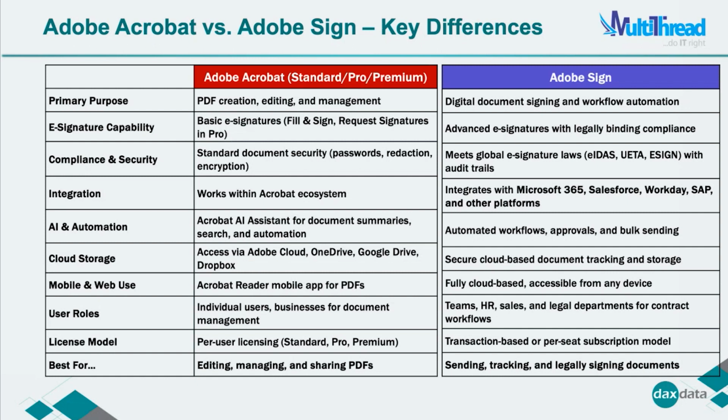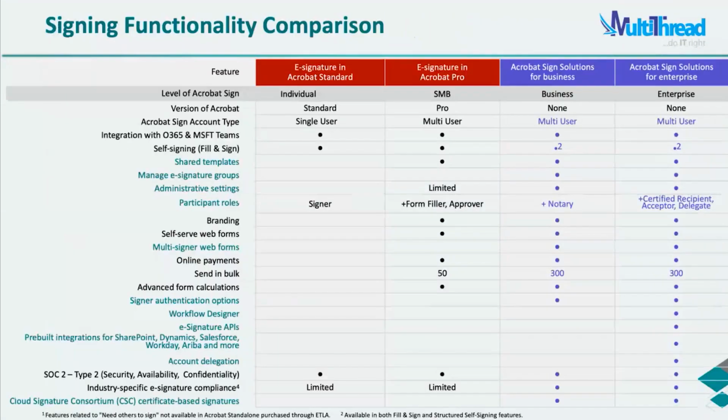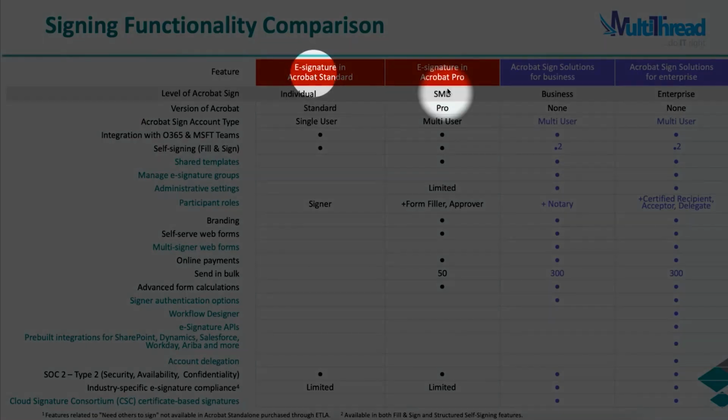All right, so I've left this document with the key differences between each one of them, and when you get the presentation, you can have a look at that. And what I've also done here is I have given you a comparison just on the e-signature options as related in Adobe Acrobat Standard. This is going to be Acrobat Professional and Premium because they have the same functionality.